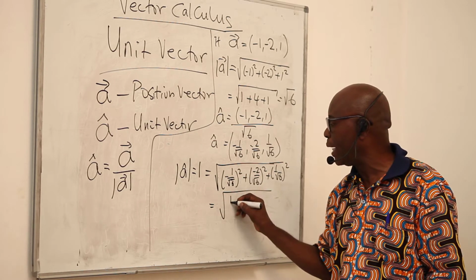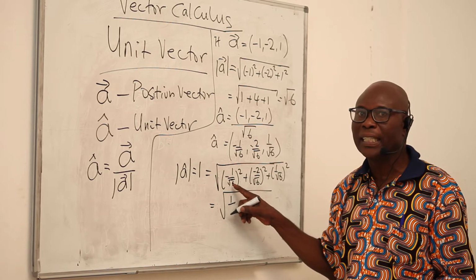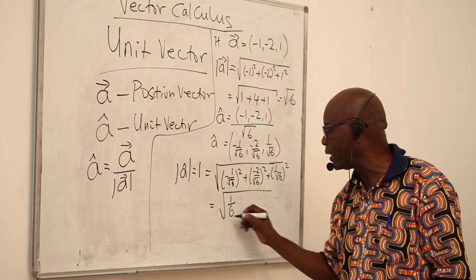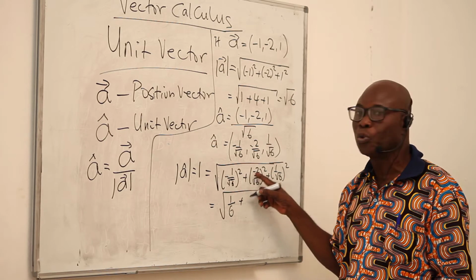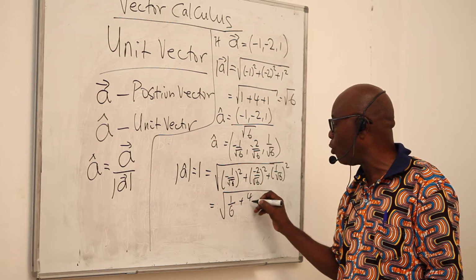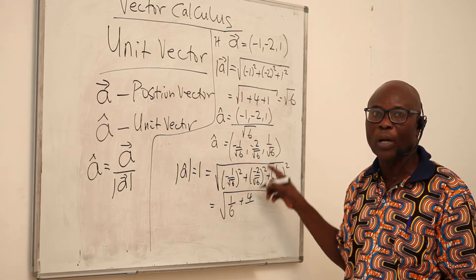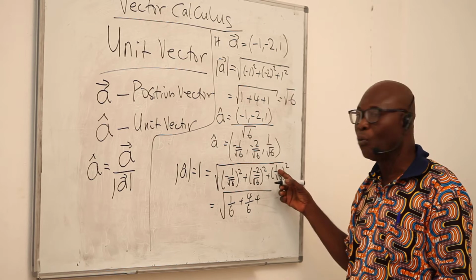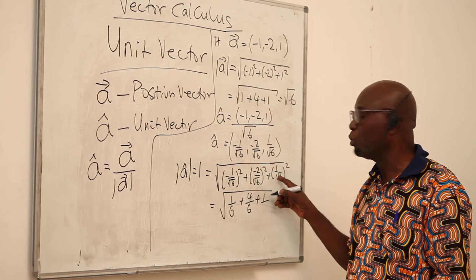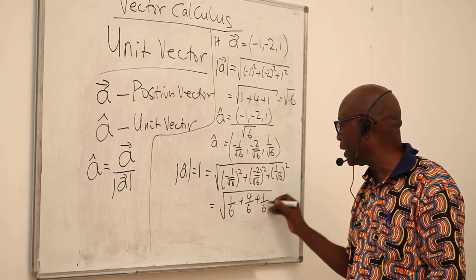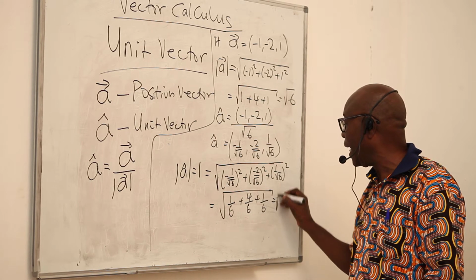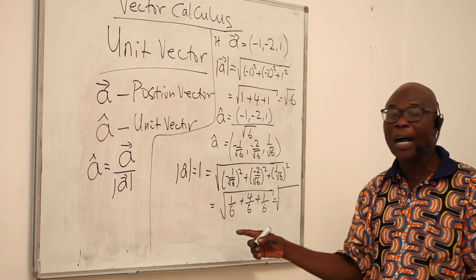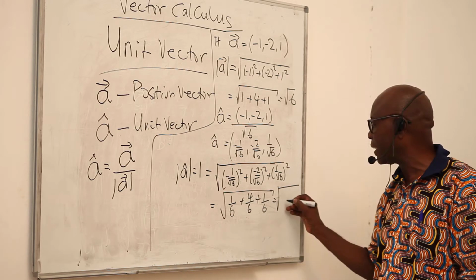(-1) squared is 1, and root 6 squared gives us 6, so the root goes away. Then (-2) squared gives us 4 over 6. And 1 squared is 1, and root 6 squared gives us 6. They all have the same denominator, 6.